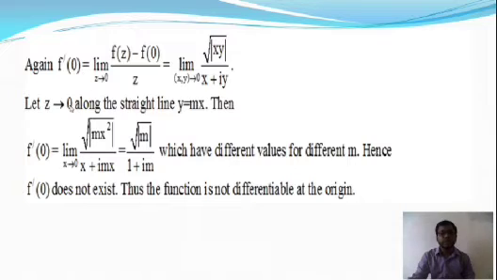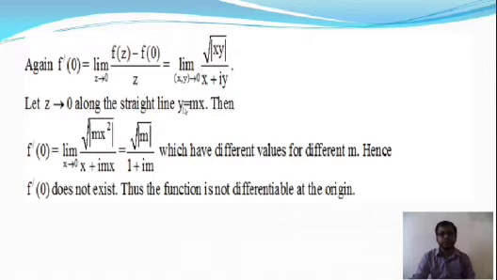Let z tend to 0 along the straight line y is equal to mx. You could take any other straight line or any other curve on the complex plane that passes through the point 0, 0, but from this I will take a straight line.